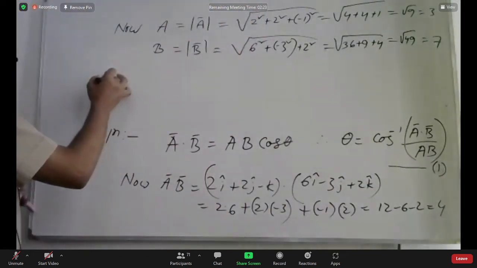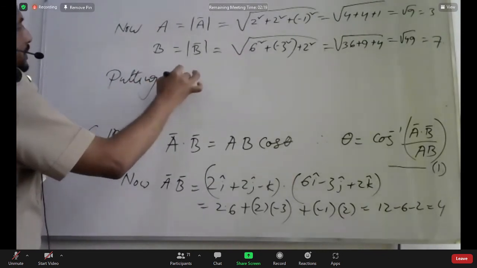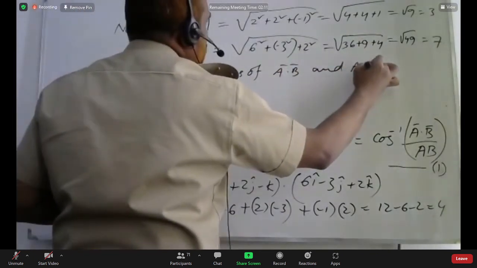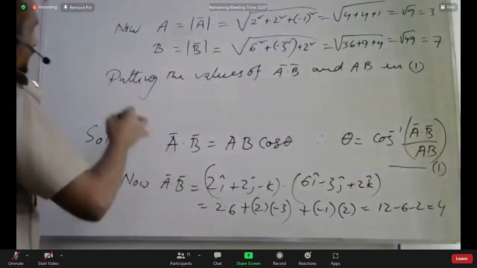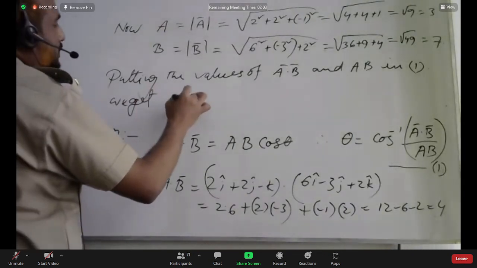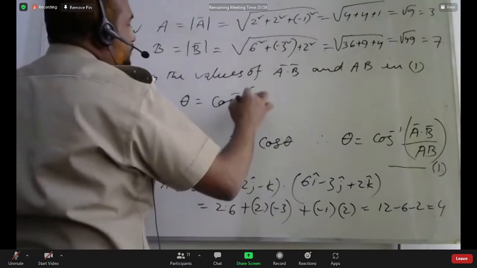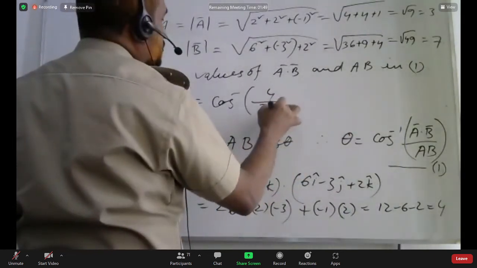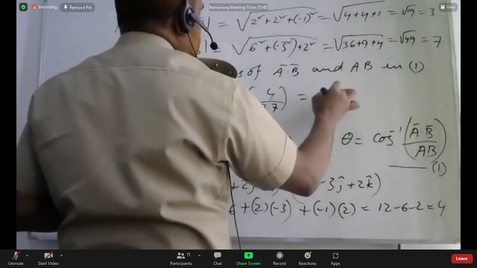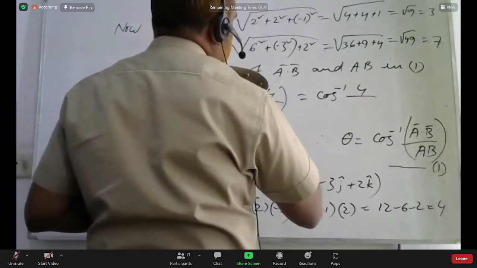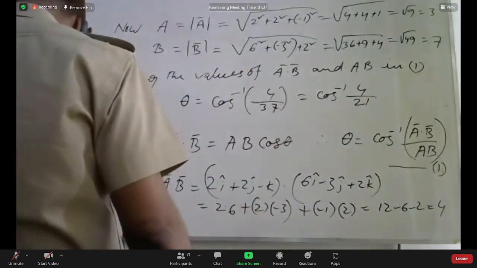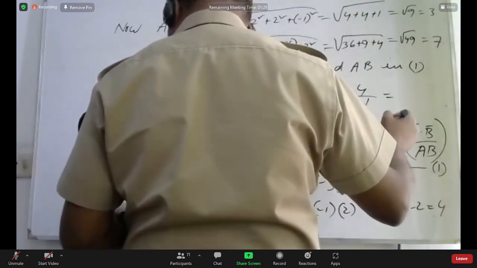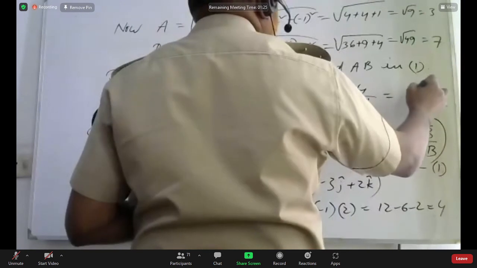Now putting the values of A dot B and AB in 1, we get theta is equal to cos inverse of A dot B, which is 4, and AB is 3 into 7, that is 21. So cos inverse 4 by 21 is approximately 79 degrees.